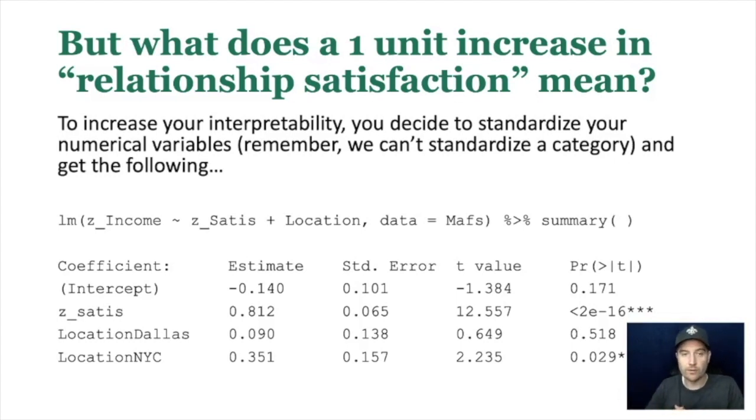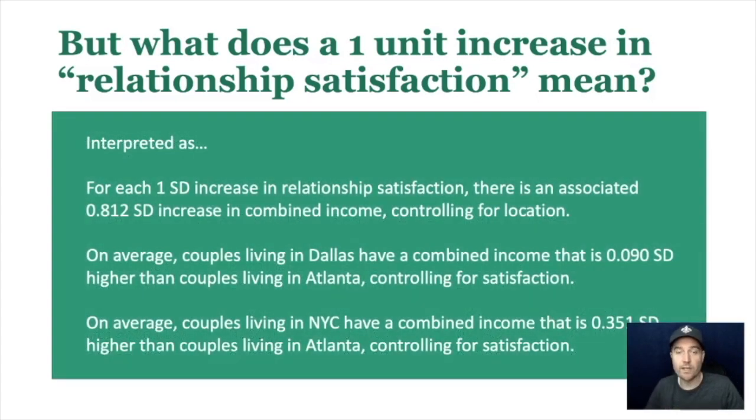So here we have 0.812 is our coefficient on our standardized version of satisfaction. So we can interpret that as, for a 1 standard deviation increase in relationship satisfaction, there is an associated 0.812 standard deviation increase in combined income, controlling for location.